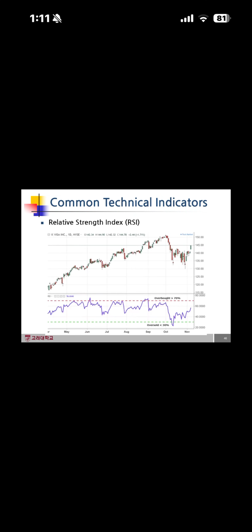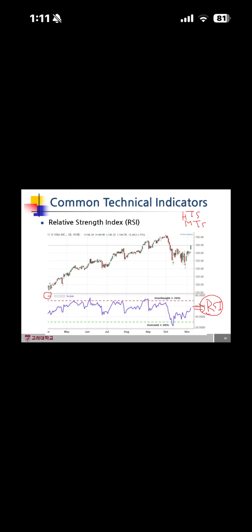And this is the example of the relative strength index plotted together with a price chart. Here is the RSI. If you use the home trading system or the mobile trading system to trade your stock, there is a technical option to include the volume chart or other technical indicators.